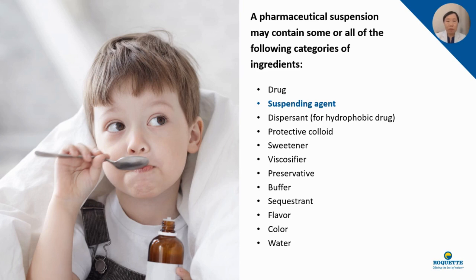So a typical suspension contains API, suspending agent, dispersant, and protective colloid, sweeteners, viscosifier, preservative, buffer, sequestrant, flavor, color, water, etc. Each ingredient serves a specific function to ensure the formulation is effective, stable, and acceptable to patients.